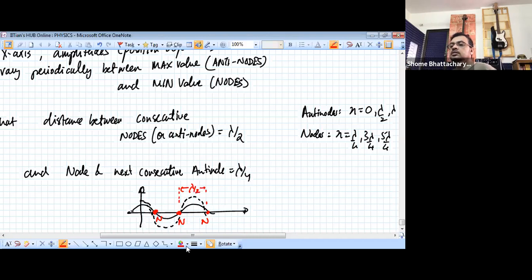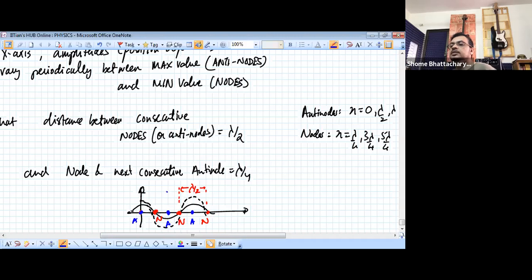Whereas these positions in between the nodes are where the antinodes are, where the amplitude is maximum.